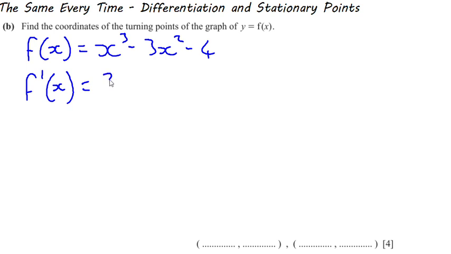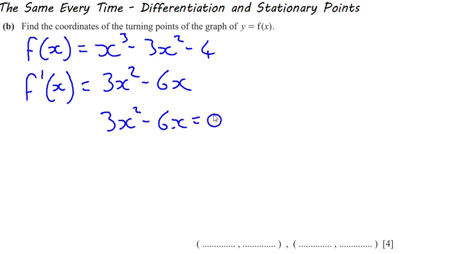It's the same thing: multiply by the power and decrease the power by 1. And the negative 4 there will differentiate to 0. So for turning points, put your differentiated function equal to 0.